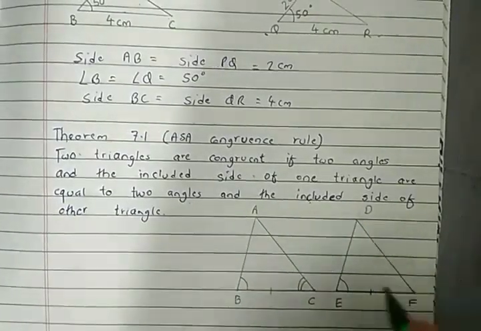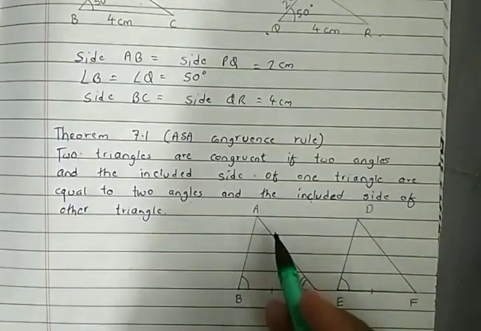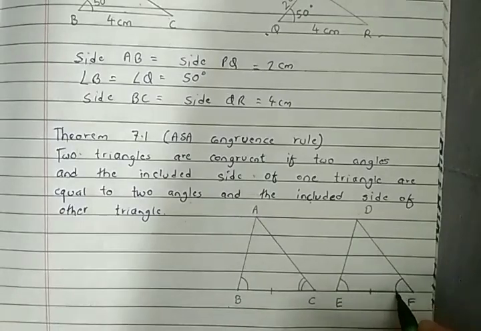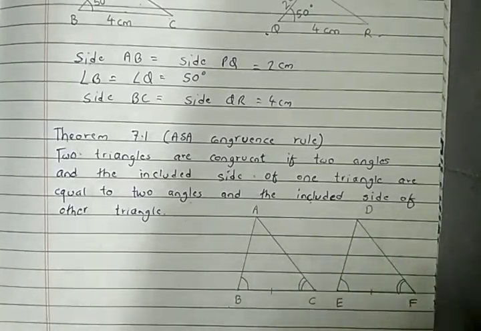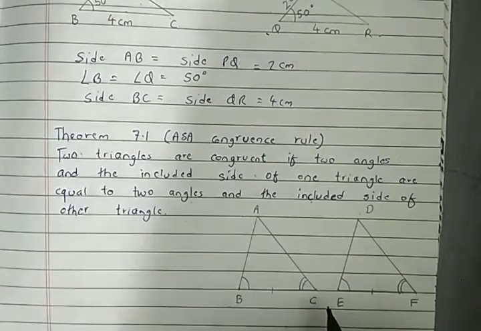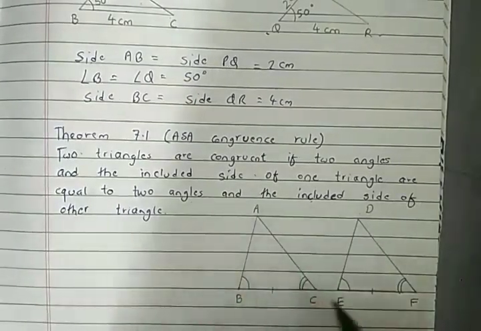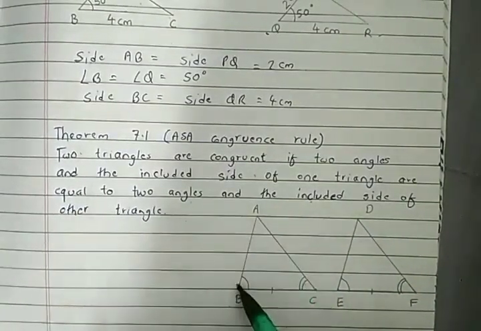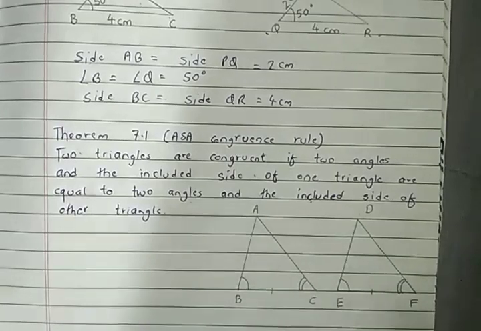Both are different triangles, and angle C of triangle ABC is equal to angle F of triangle DEF, right? And the included side, for example BC, is equal to side EF. So you can say that both these triangles are congruent by which theorem? Angle side angle theorem, right?